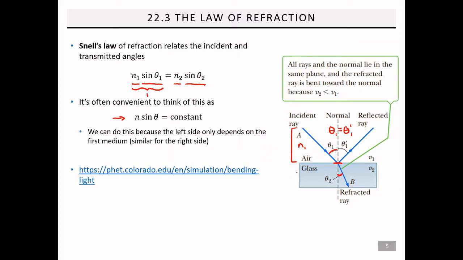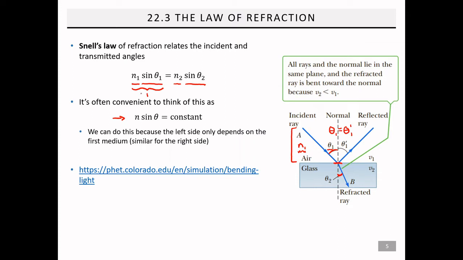But I can take that glass away and replace it with, say, water. Then the incident ray is going to approach the air-water boundary, and nothing changes about the incident ray. So n1 will still be the same, and theta 1 will still be the same. When the incident ray crosses into the water, it will refract at a different angle, but the upper half of this picture stays the same.